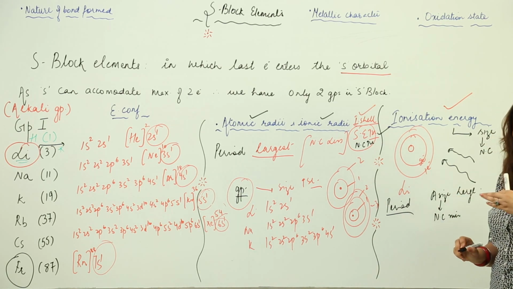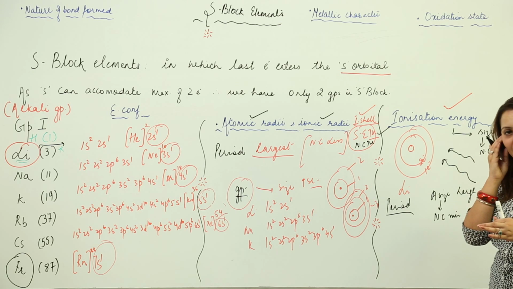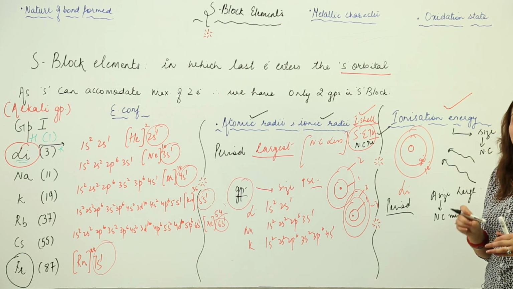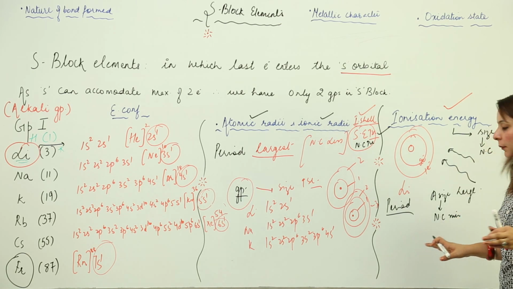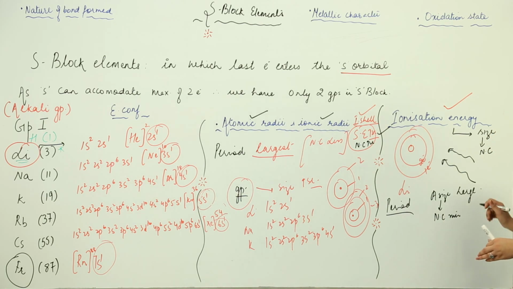Like if we talk about a period, the first member is going to possess the maximum size. Maximum size means the nuclear charge is minimum. Nuclear charge is minimum means that the ionization energy required to remove the electron will be low. So this will be low only in case of the first member of a period.